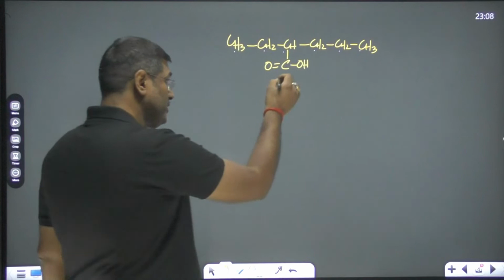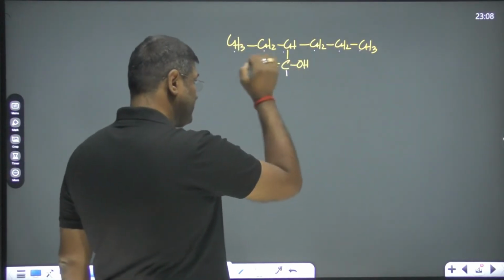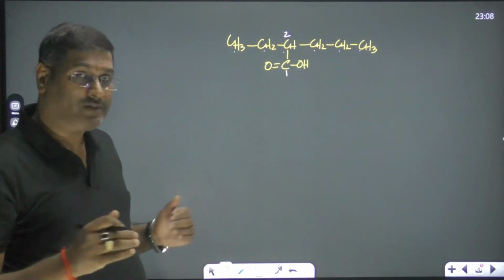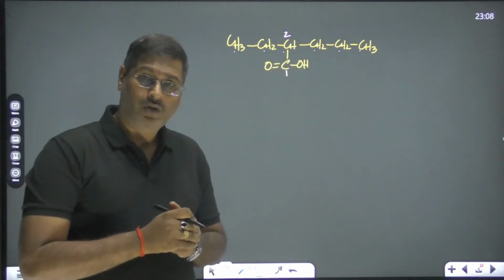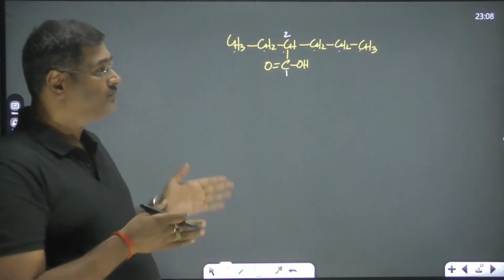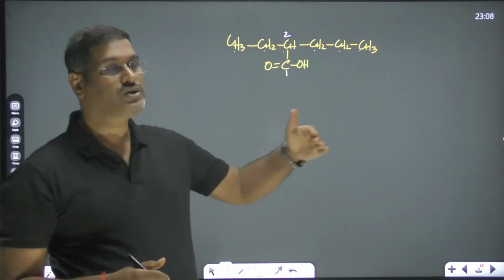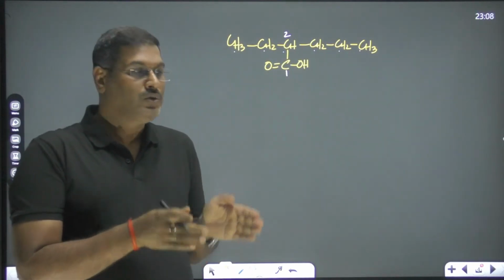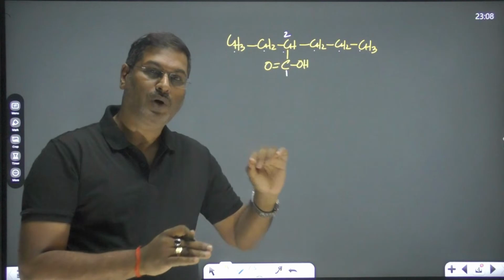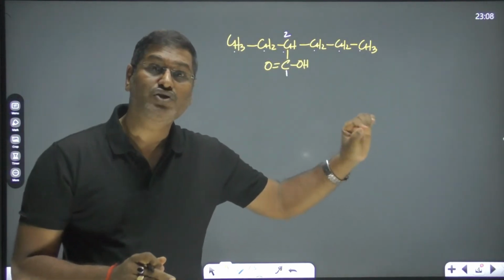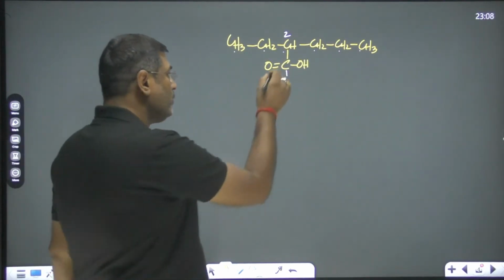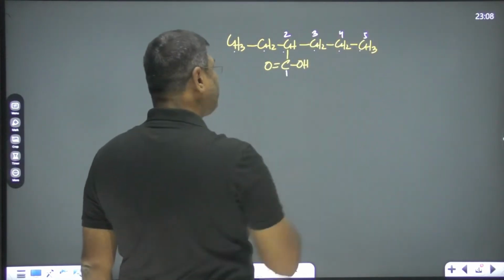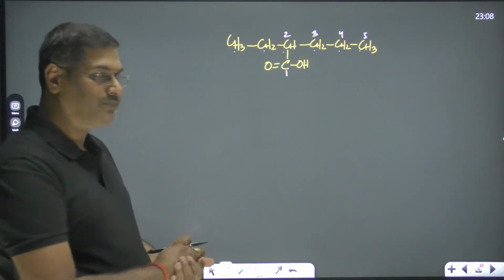So the parent chain starts with this one. This is 1, this one 2. After that you have the choice: you must try to form the longest possible chain including this one. So now 1, 2, this one 3, this one 4, this one 5. This is the longest chain.